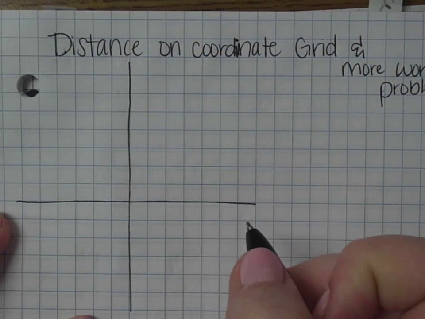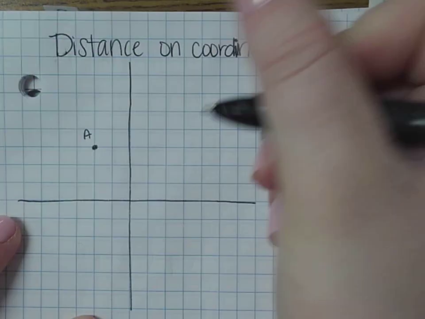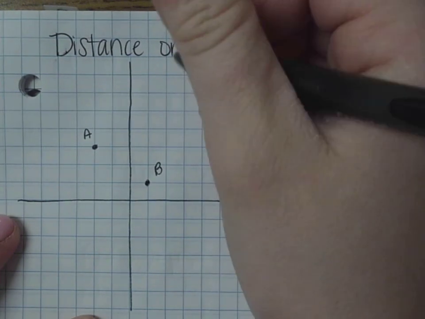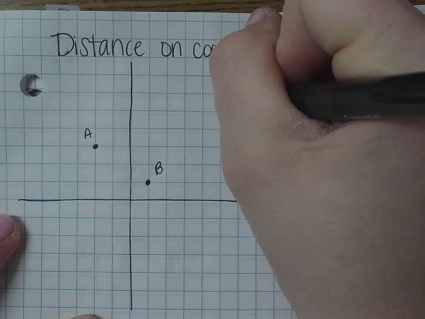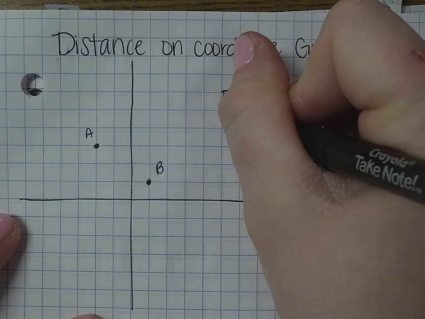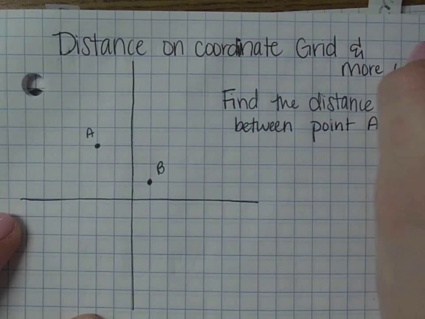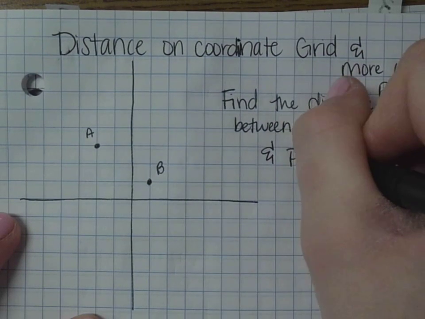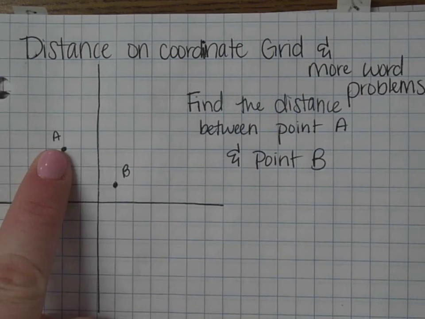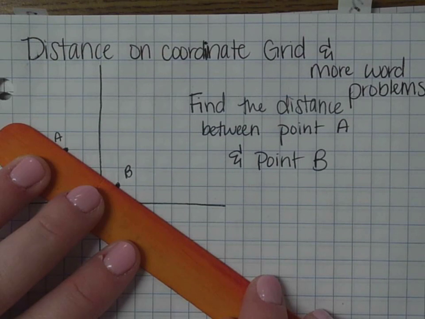And so you might have point A and point B, and they might say find the distance between point A and point B. So if I wanted to find the distance between point A and point B, then we know that the shortest distance would be just to go straight from them.